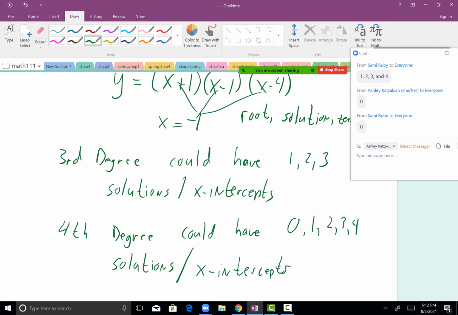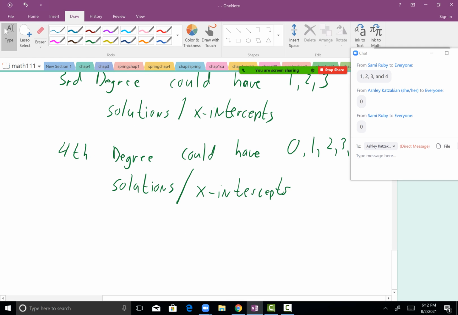The third degree and fourth degrees and so forth, they don't have a formula that we can just type things in and say, hey, can you find me the answer? There's no formula for it. So we need to come up with a strategy to solve those. And that's kind of what we're doing this whole night. But it's going to start out at real basic things and progress on.